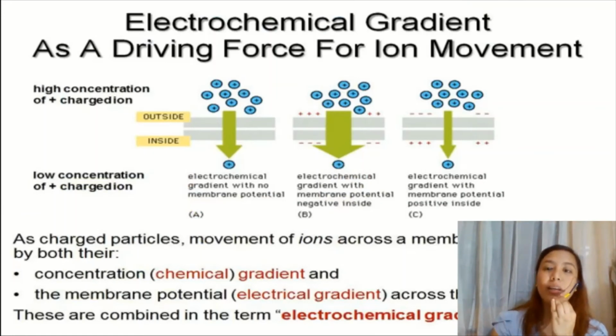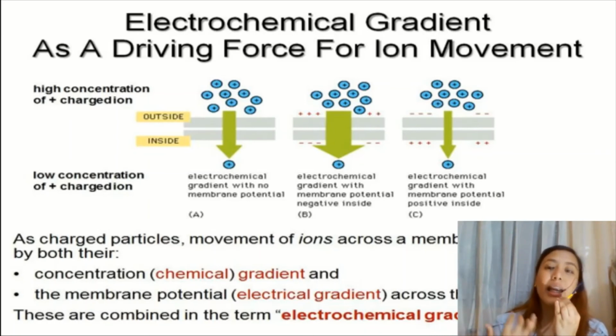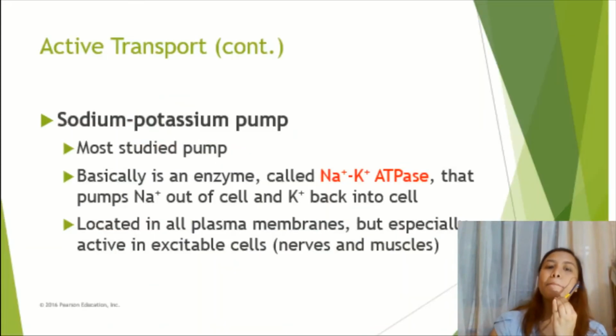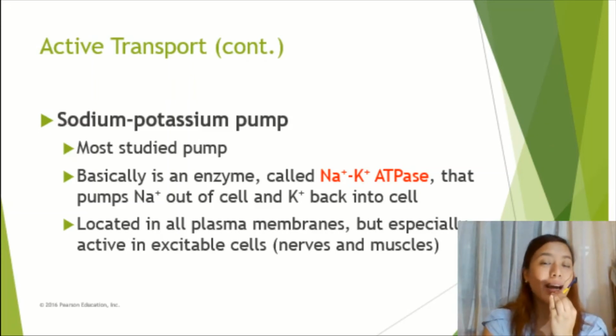So here's your electrochemical gradient, so you just read up on it. But the thing is, whenever something moves, you usually generate electricity. So you are generating action potential whenever there is movement. And we've talked already about this. The sodium potassium pump is one of the most popular pumps, or one of the most popular proteins that could facilitate your active transport.